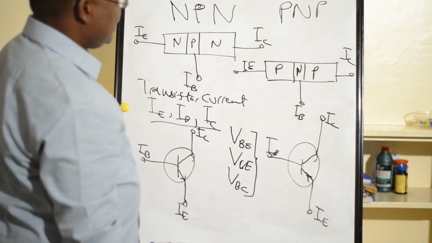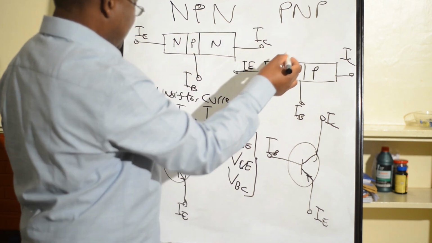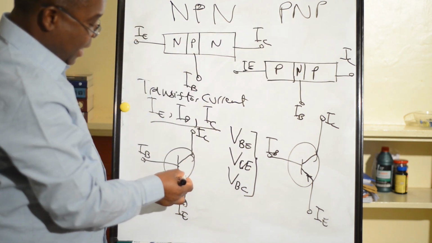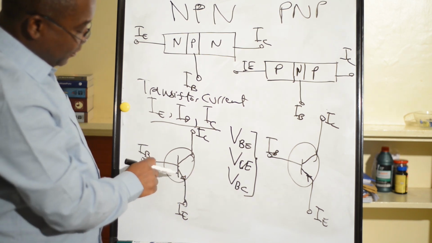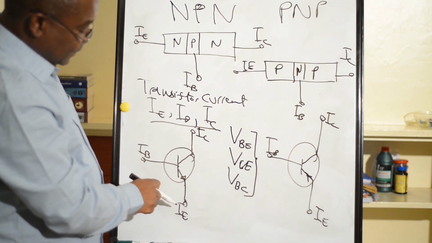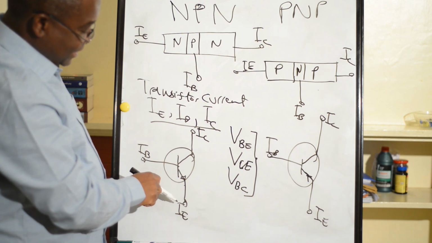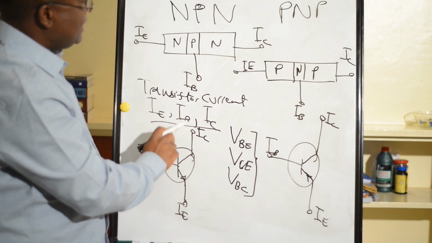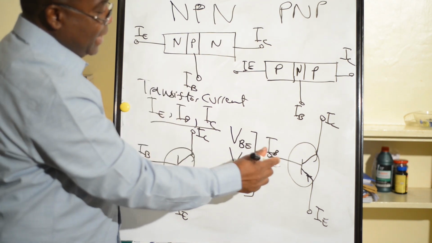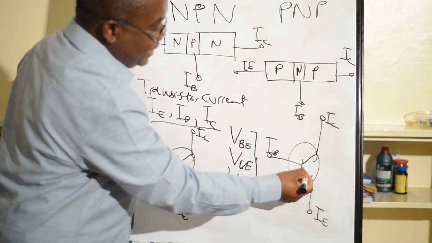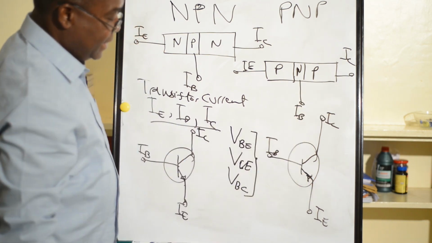So how can you differentiate between NPN and PNP is by looking at the arrow. If the arrow points outward of the transistor, this is an NPN transistor. But if the arrow points toward the transistor, this is a PNP transistor.